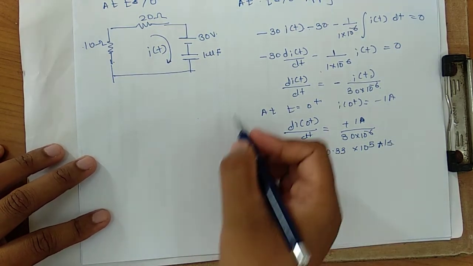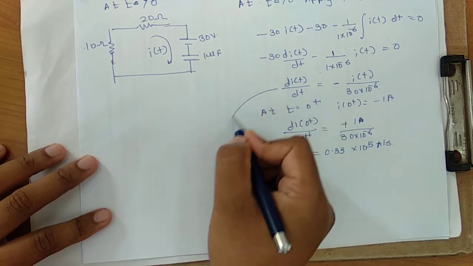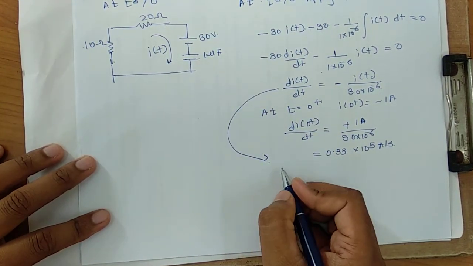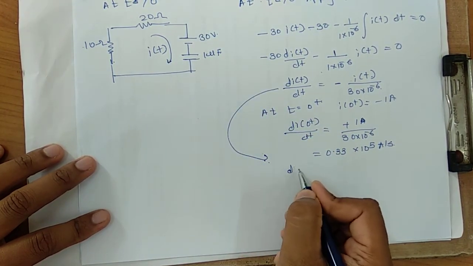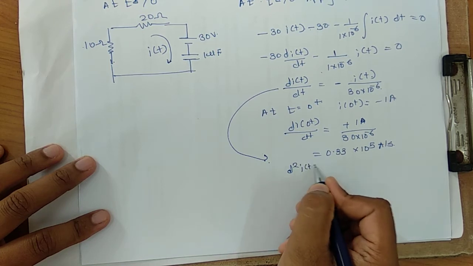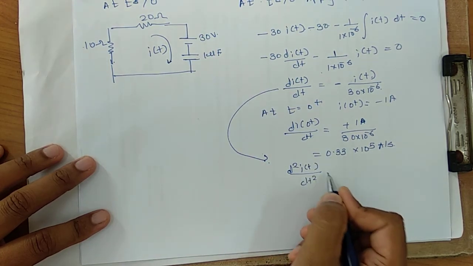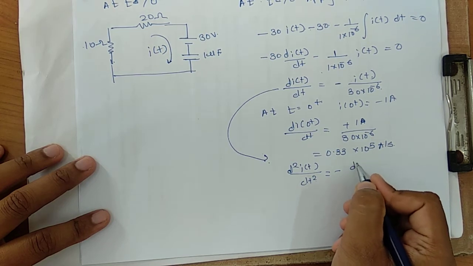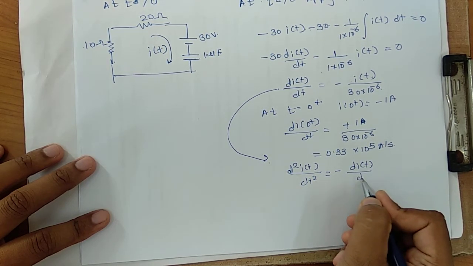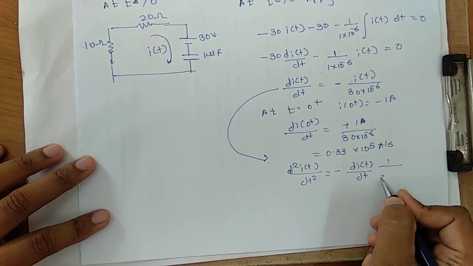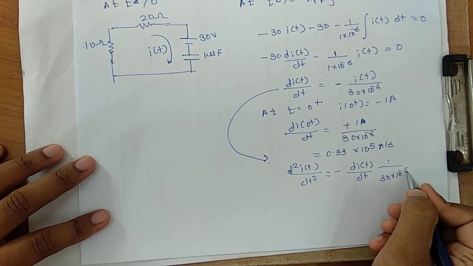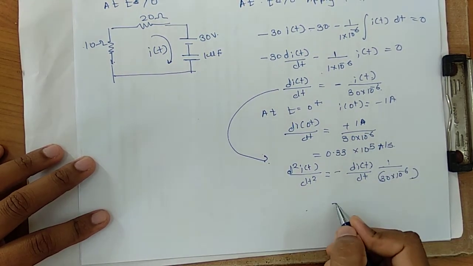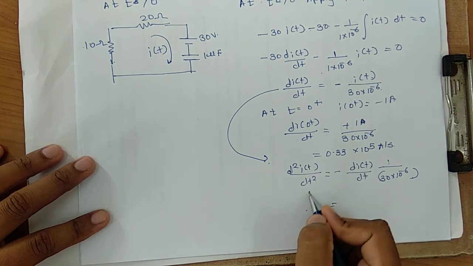Now differentiate this equation again. So d2 I of t divided by dt square minus dI of t divided by dt into 1 upon 30 into 10 raised to minus 6. What is the value of dI of 0 plus divided by dt at t is equal to 0 plus?